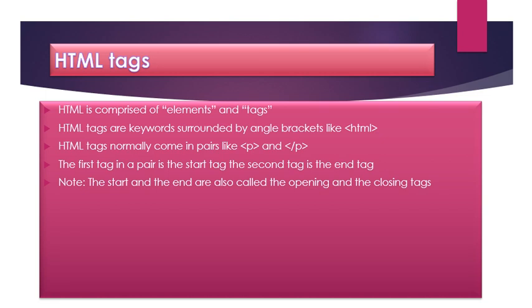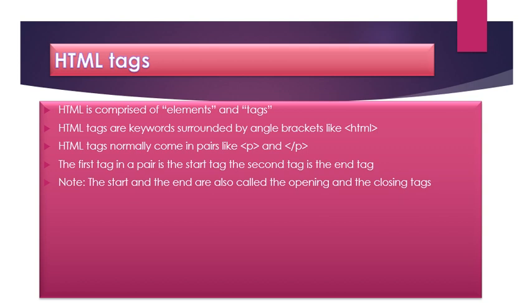And we have also HTML tags. HTML is comprised of elements and tags. HTML tags are keywords surrounded by angle brackets, like that, opening and closing. And in the middle, we have an element.